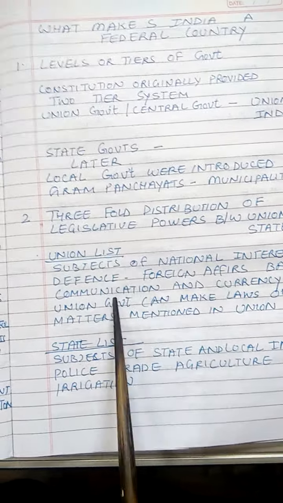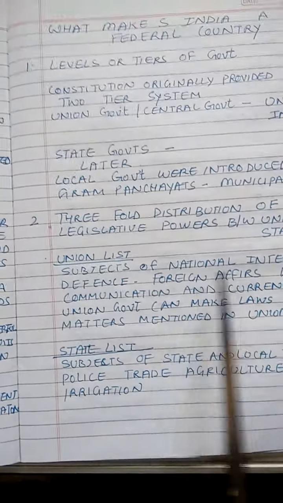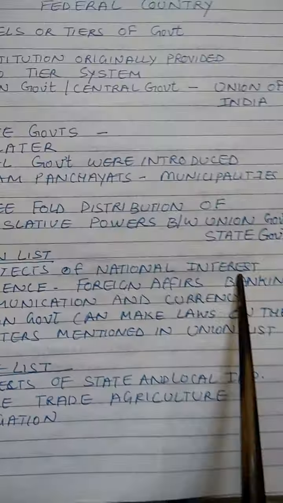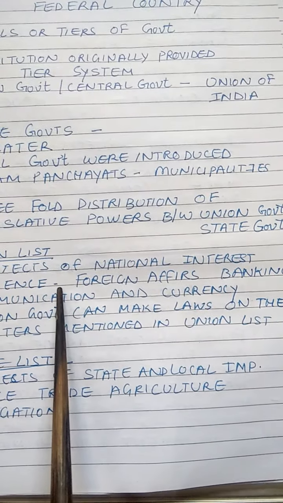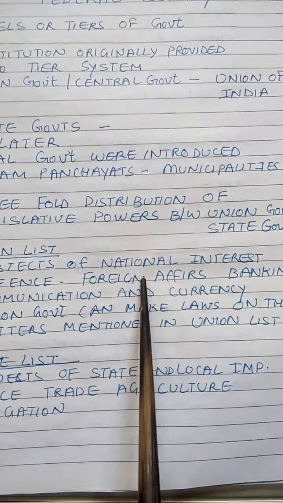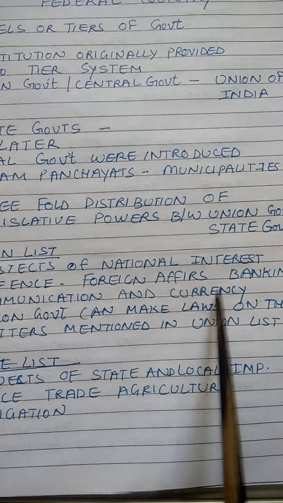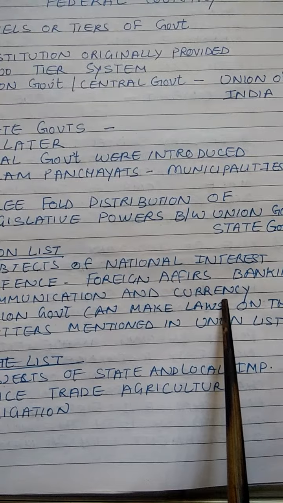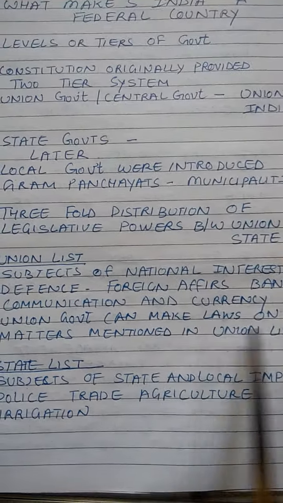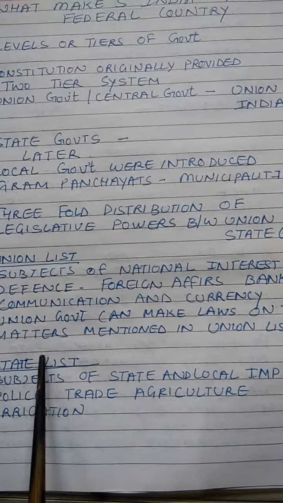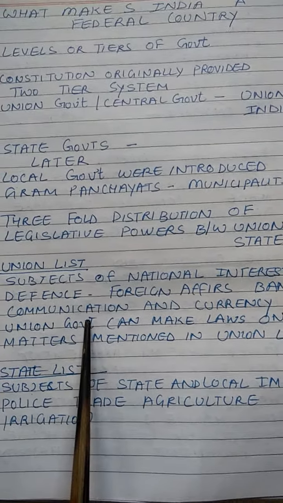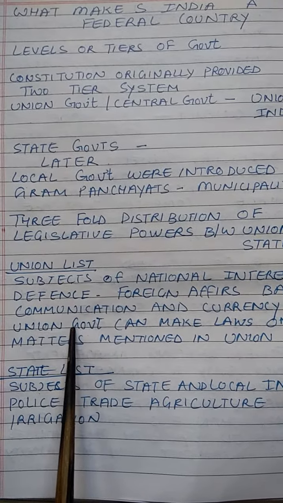In union list, there are topics or subjects of national interest like defense, foreign affairs, banking, communication, and currency. And who can make laws on this? Union government can make laws on the matters mentioned in union list. When I say union government, I'm talking about the central government.